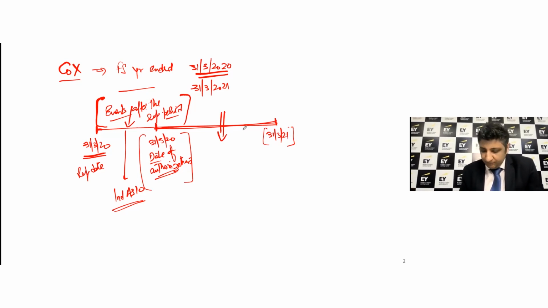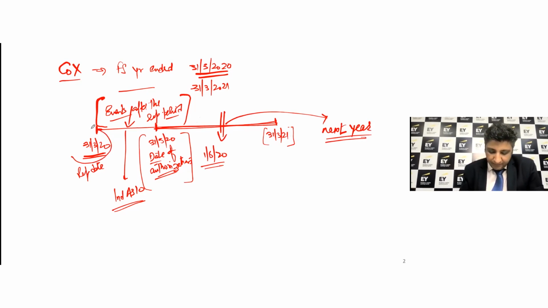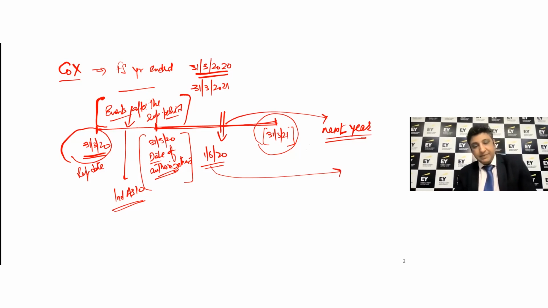Okay, so effectively that reporting would happen in the subsequent year, right? So for the sake of argument, again, if I say something happens on 1st of June 2020, and if I'm only preparing my annual financial statements, effectively, I only get to know about it in the next year, right? When that company is issuing these financial statements, which would be a considerably longer period in between.